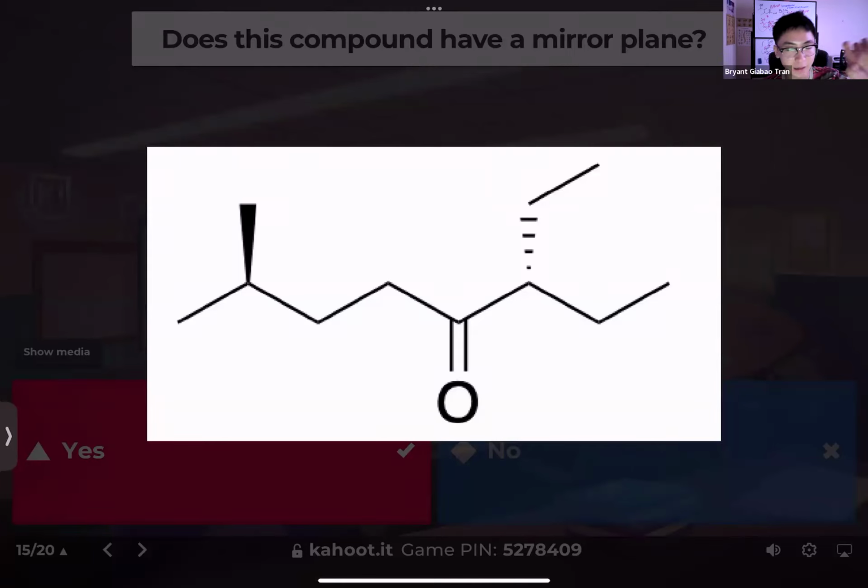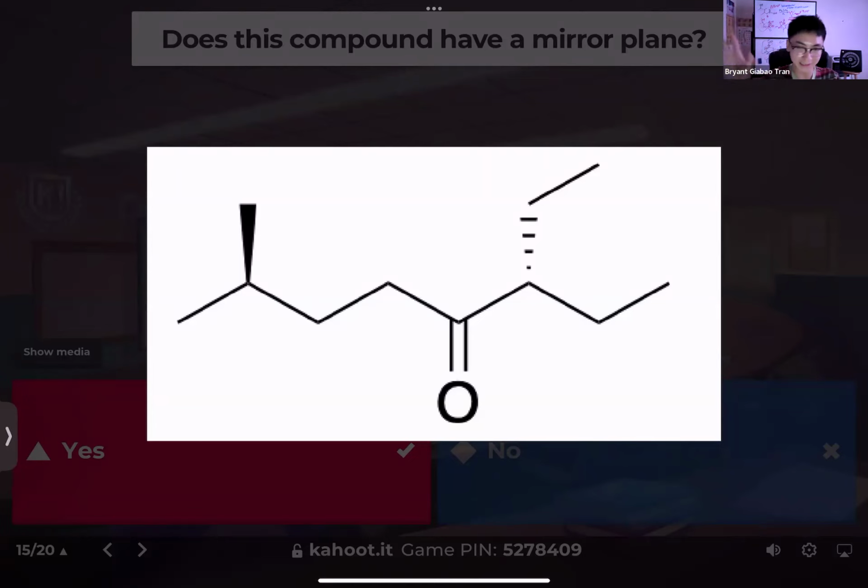Look at the bond between the aldehyde carbon and the carbon of the 2 ethyl groups. The plane of symmetry is going to run through that bond, because if you have that plane of symmetry there, you could rotate that bond. If you rotate that bond, then every single group is going to be like rotating around that structure right there.